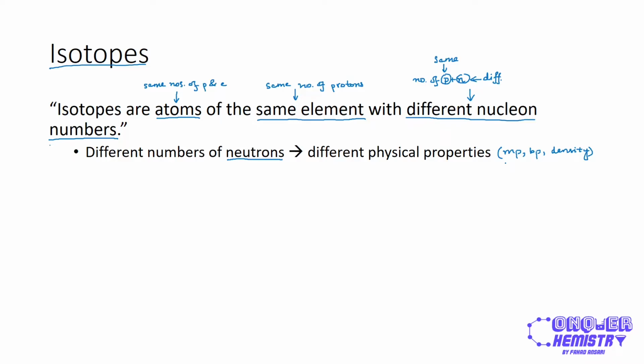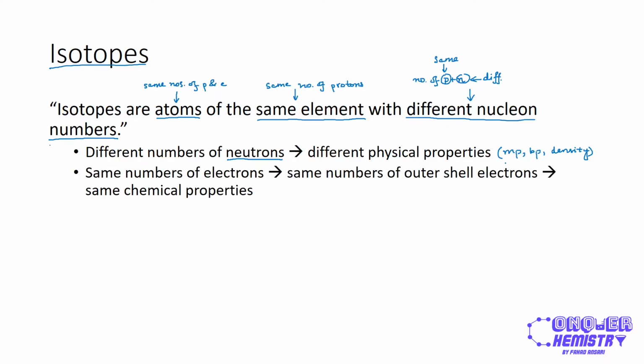Let's take a look at chemical properties. Isotopes have the same numbers of protons and electrons, and because they have the same numbers of electrons, they also have the same numbers of outer shell electrons. And it's the outer shell electrons that dictate the chemical properties.